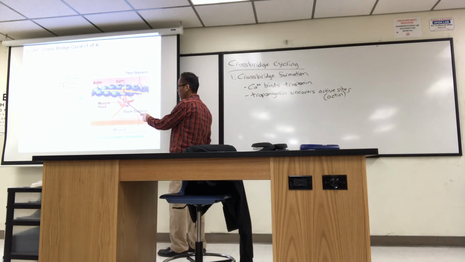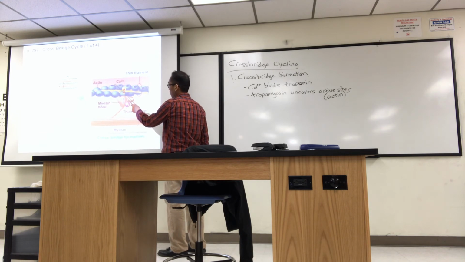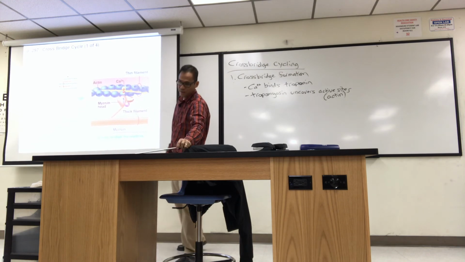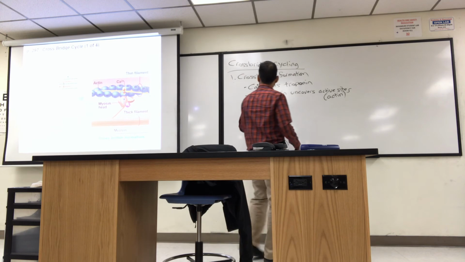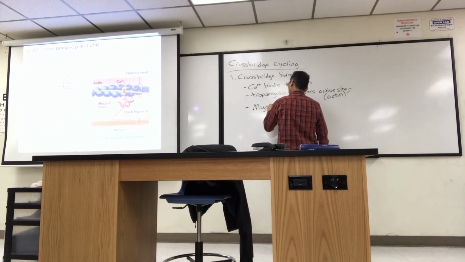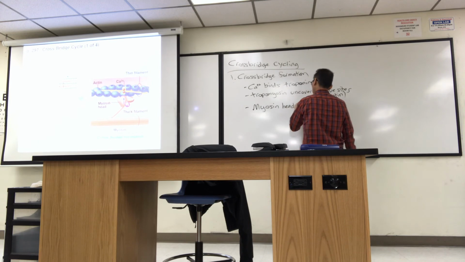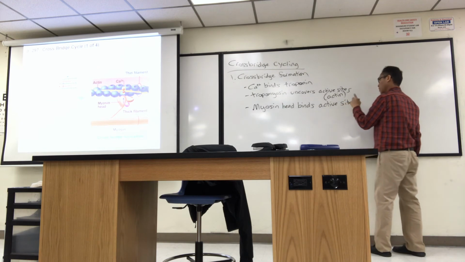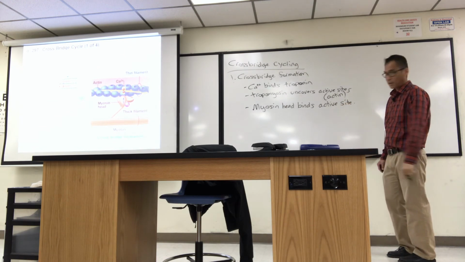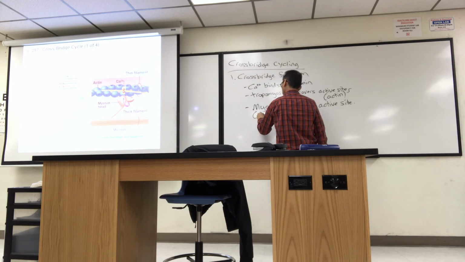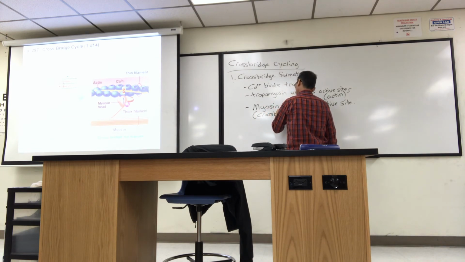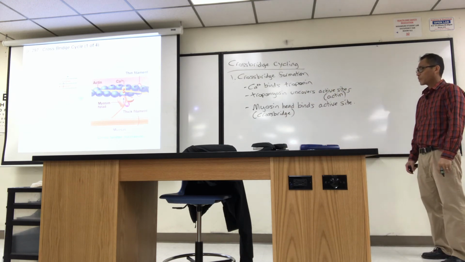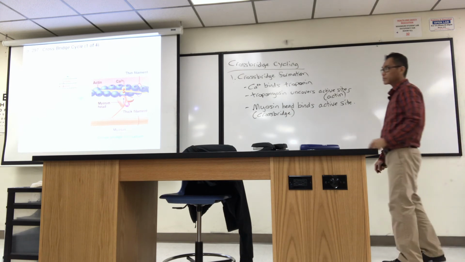These active sites are exposed. Once they're exposed, the myosin head will bind in this conformation right there. Myosin head binds active site. That is the cross bridge, the physical interaction of the myosin binding to the actin. And notice the angle at how it binds.